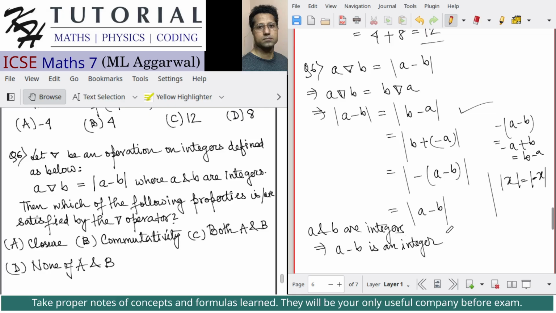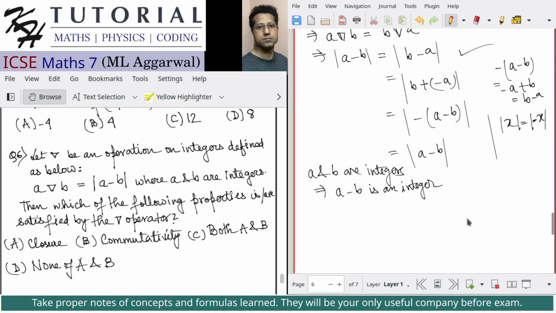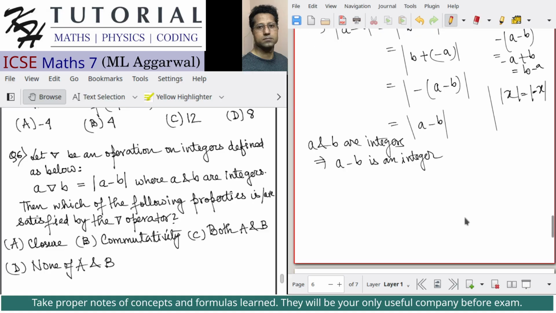Because the subtraction operation satisfies the closure property, that is, integers are closed under subtraction. So if A and B are integers, we will always have A minus B also an integer. This will also imply that absolute value of A minus B is an integer, since absolute value of any integer is always an integer.